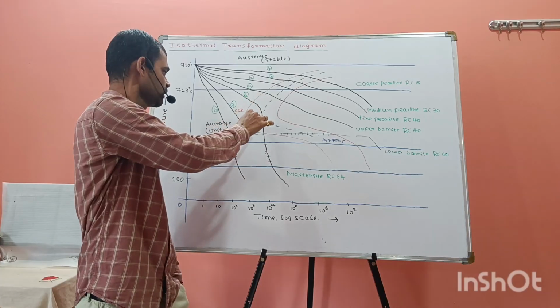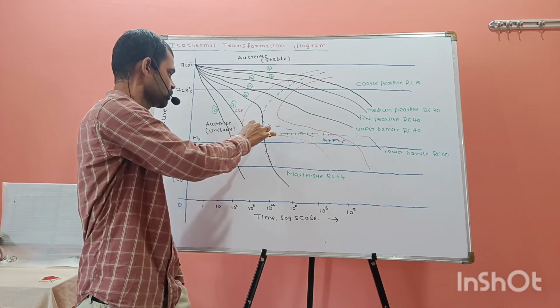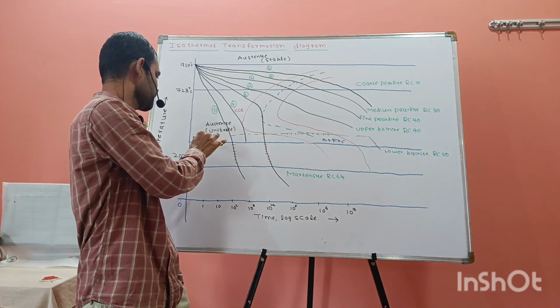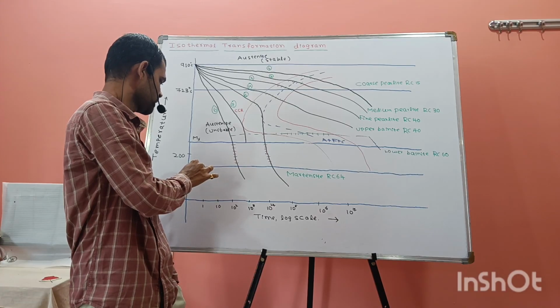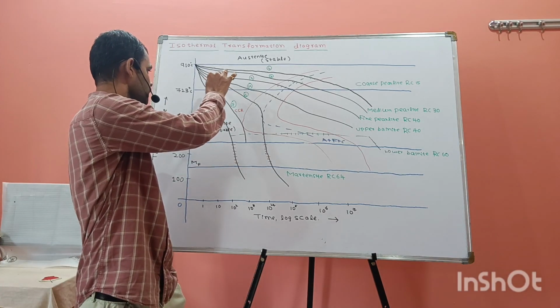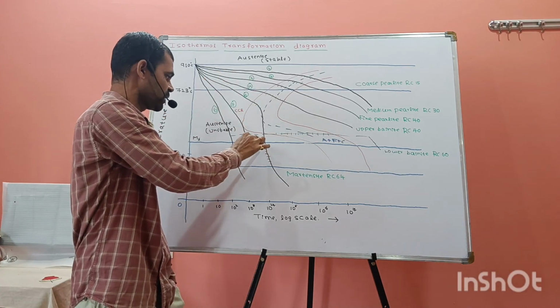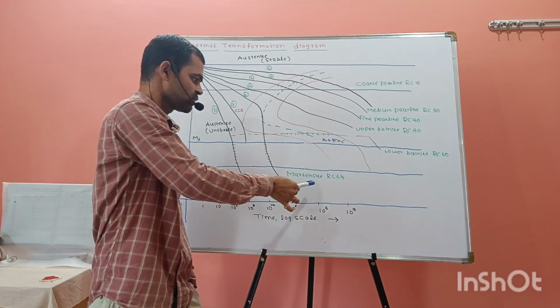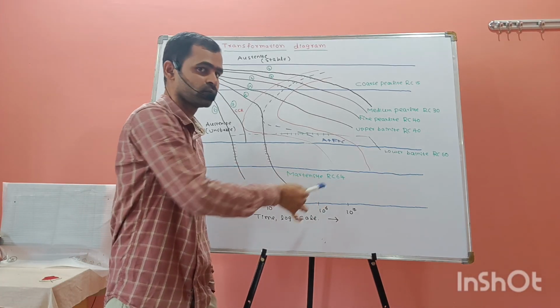Next, cooling curve 5. This is the martensite starting temperature and this is the martensite finishing temperature. In this curve martensite is formed, and the hardness will be Rockwell C 64.